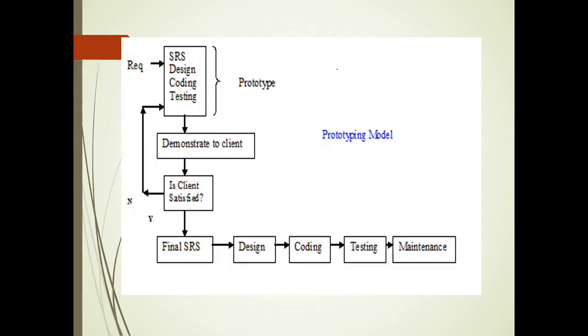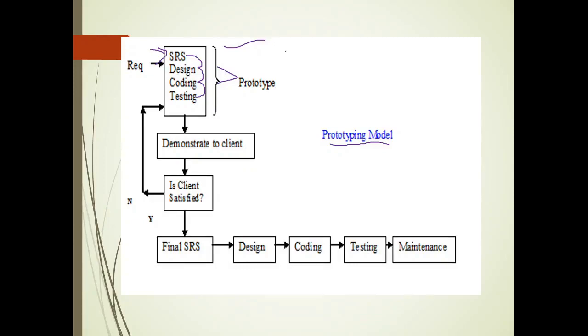Let us see the activities involved in the prototyping model. The prototyping model can be used for complicated and large systems, and it helps the developer to better understand the requirements. In this diagram you can see that based on the requirements the developer has, he is going to design, code and test, and that we call a prototype.